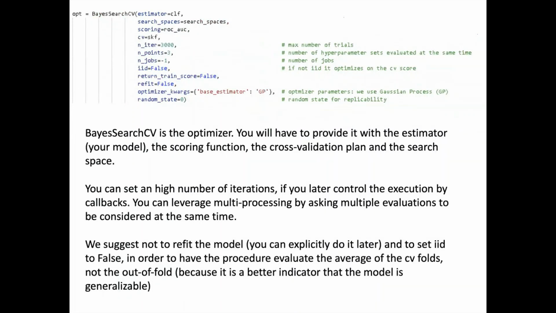At this point, you just have to set your Bayesian search cross-validation. So you provide your base model, your search spaces, your evaluation metric, and your cross-validation scheme to this function. After doing that, you just have to decide the maximum number of iterations to be taken.